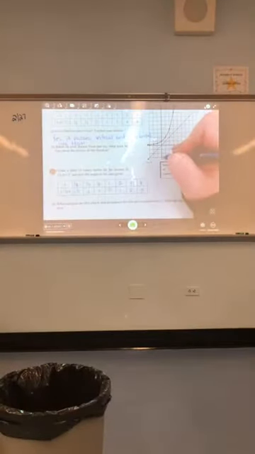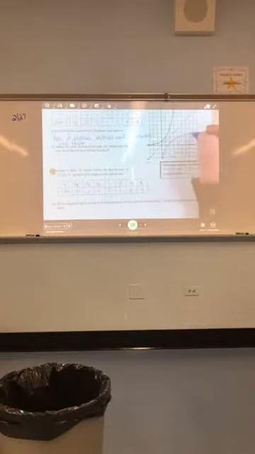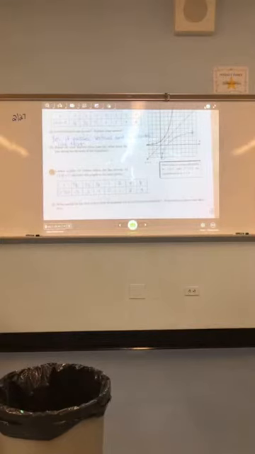So 1/8 -3, -2, 1. Mine's the horizontal. Mine's always blue too. Okay, and so my new graph, my inverse, looks like this.